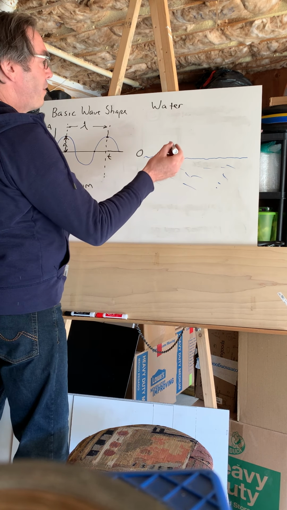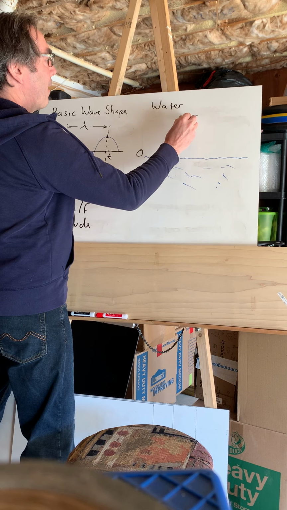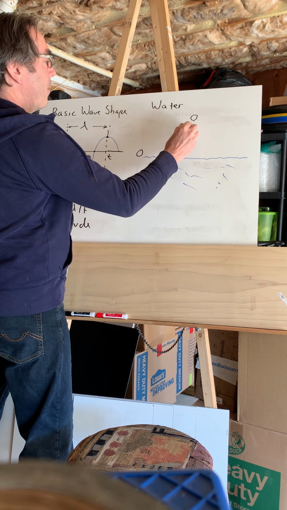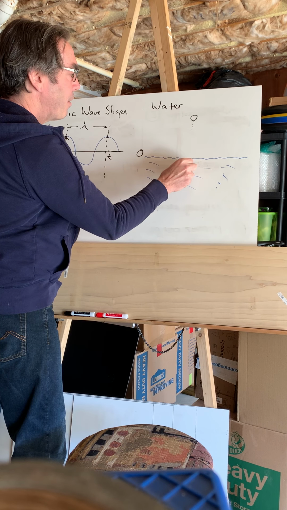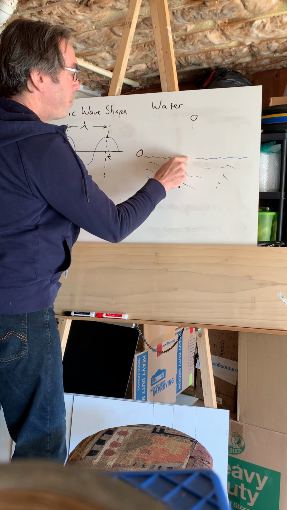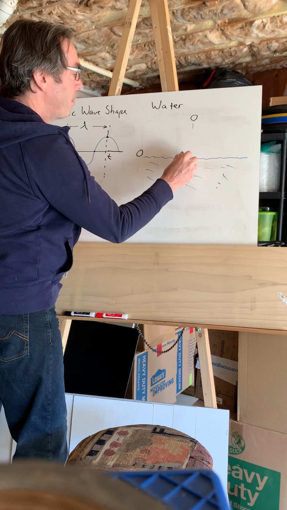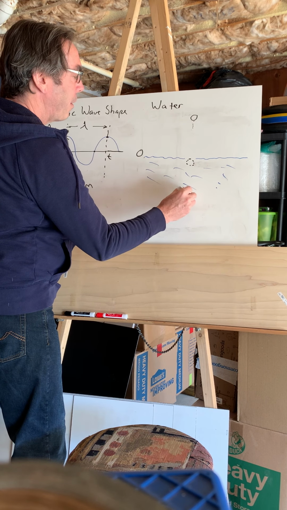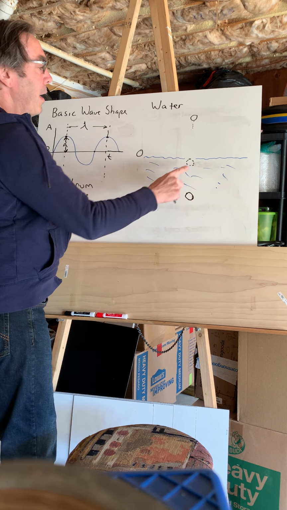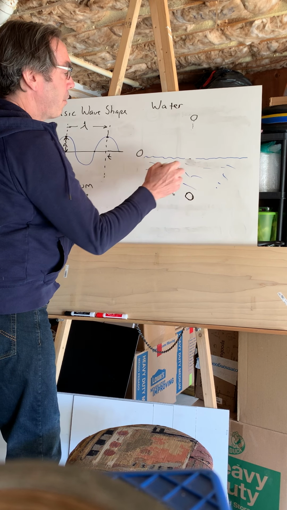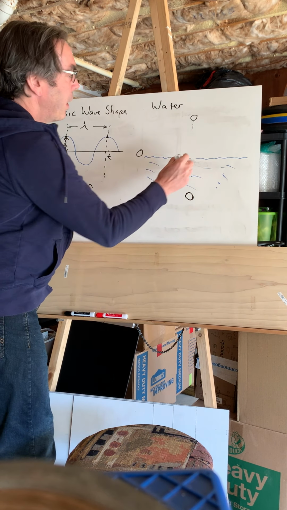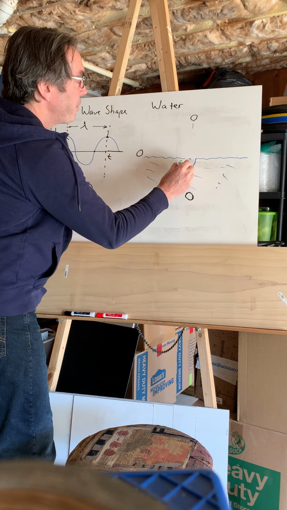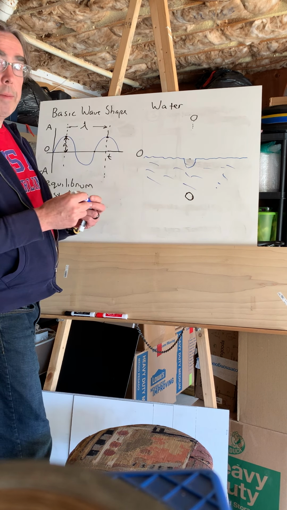Now, if we took a stone and dropped it in, it would hit the surface here, and it would push down under, push through, and then it would sink to the bottom. So the stone would end up there. Now, when it's pushing through, it's going to push the water molecules down below the equilibrium point.